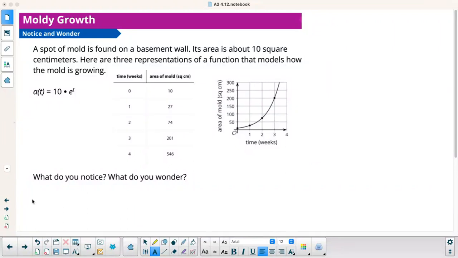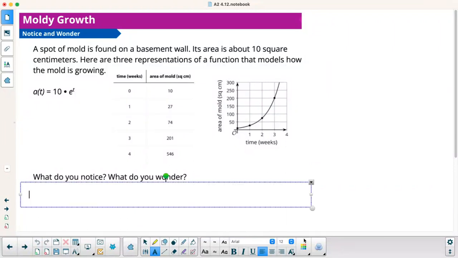You would probably say, I wonder for sure what constant value E is equal to. I already told you it's 2.718. Sorry.